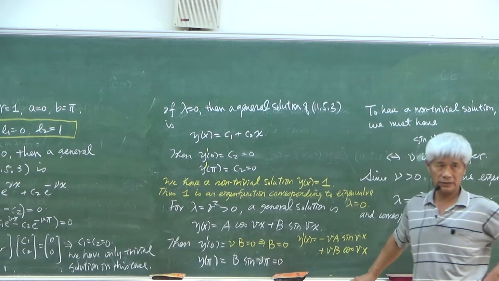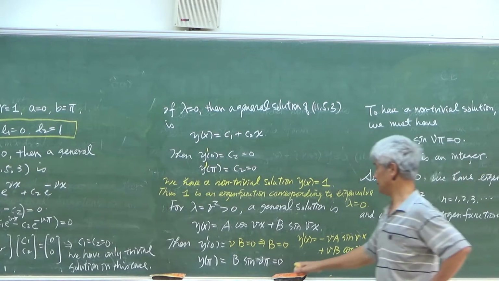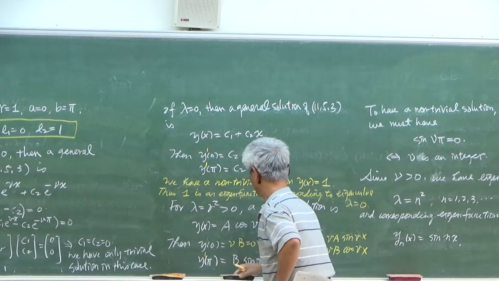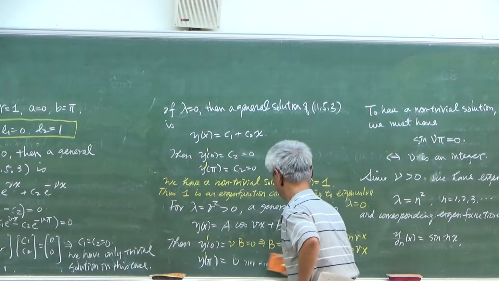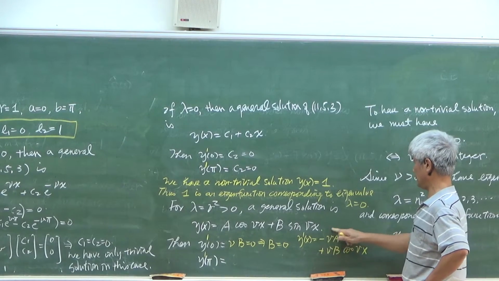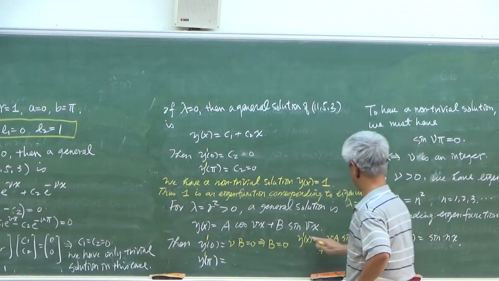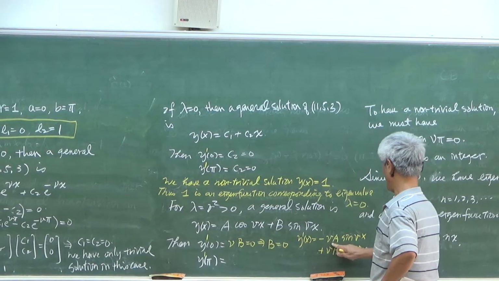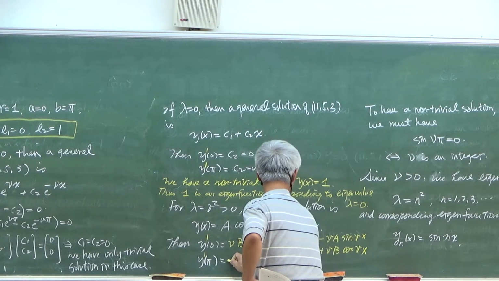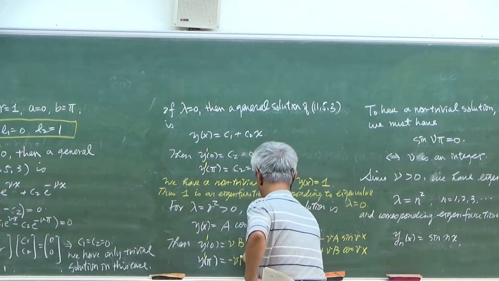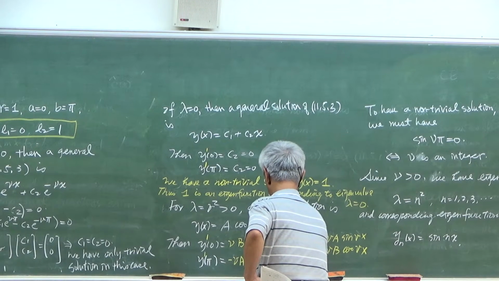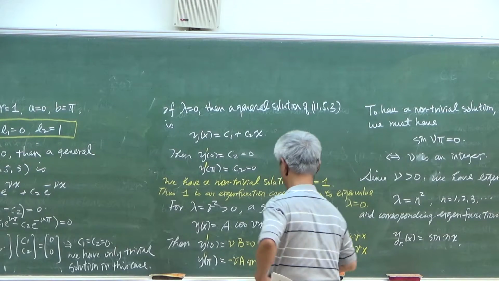So now b is 0, and for y prime at pi, we have only this term: minus a sine mu pi equal to 0.